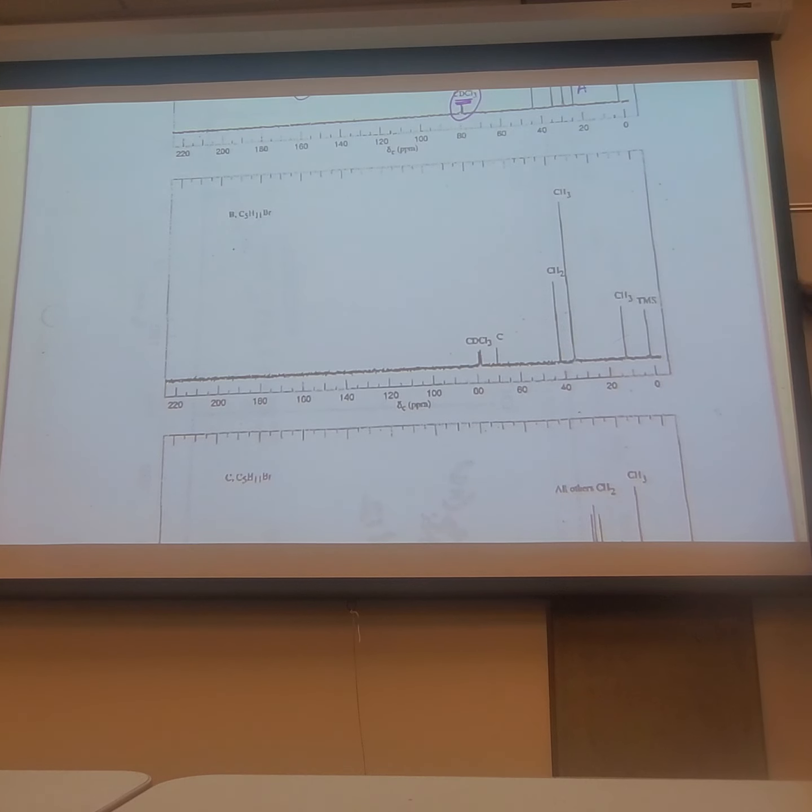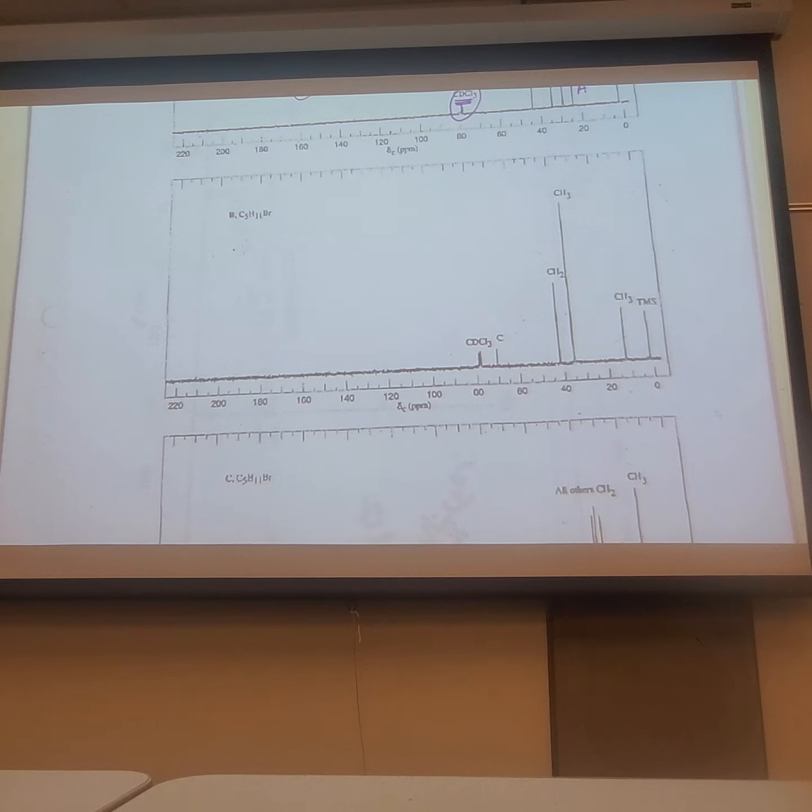Wouldn't it be the second one twice as big? So it would be times 2. So let me label these. 3 plus 3 is 6.